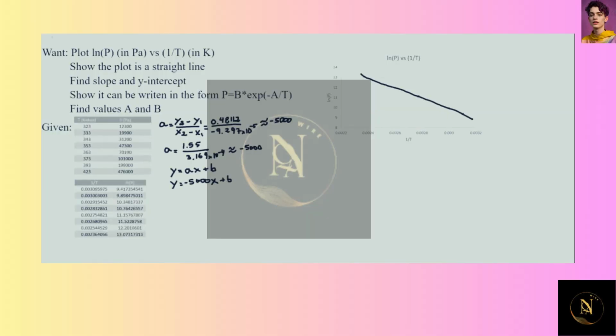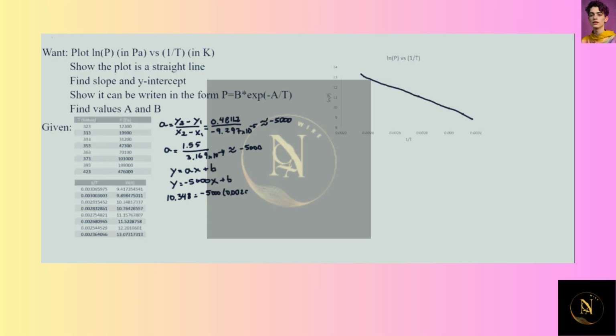And let's just use a random one. I'm going to use 10.348 over here for the y. 10.348 equals minus 5,000 times 0.0029154 plus b.